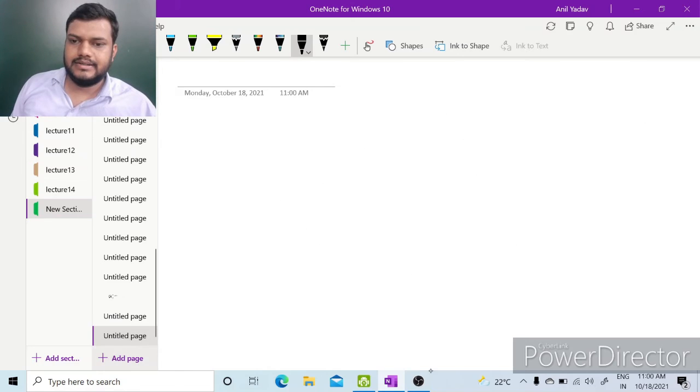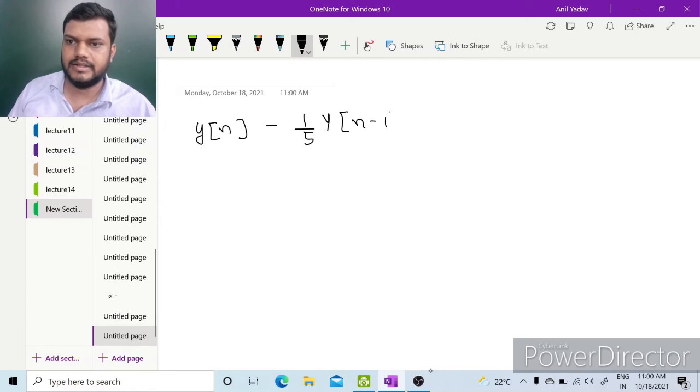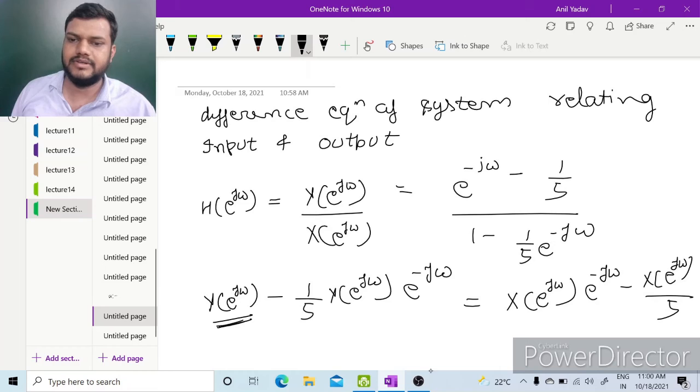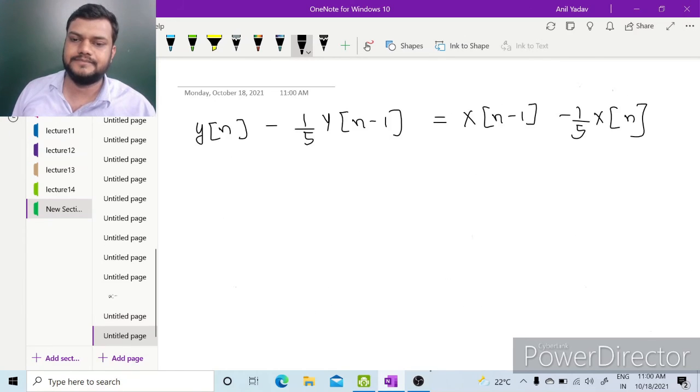By taking inverse DTFT, we can write this as y[n] minus 1 by 5 y[n minus 1] equals x[n minus 1] minus 1 by 5 x[n], because the inverse DTFT of Y(e^jω) is y[n], and Y(e^jω) multiplied with e to the power minus jω is y[n minus 1]. This is x[n], this is x[n minus 1], in time domain.